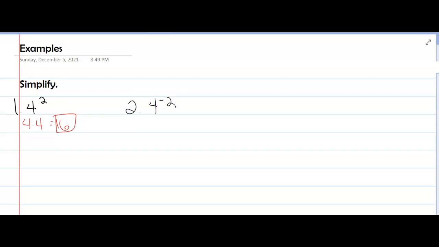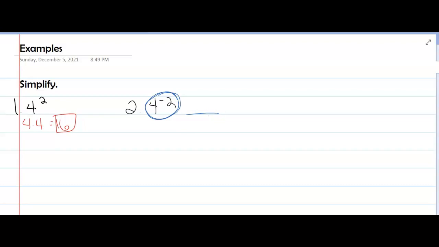Okay, now here's where we have this problem because we can't have a negative second. So what I like to do, as you guys know, I'm a big visual person. So as soon as I see a negative exponent, what I like to do is circle powers that have a negative exponent. So that 4 for me is going to get circled. What that tells me is that I need to move that power.